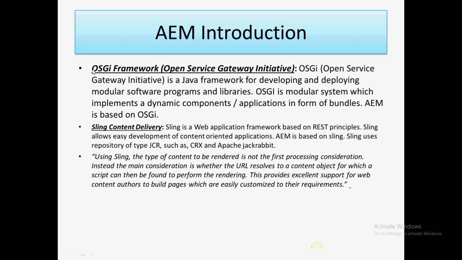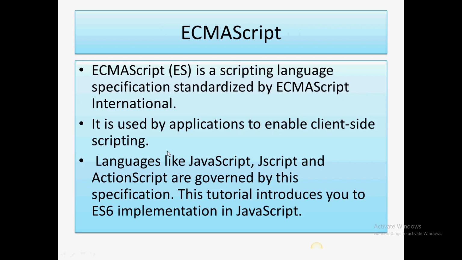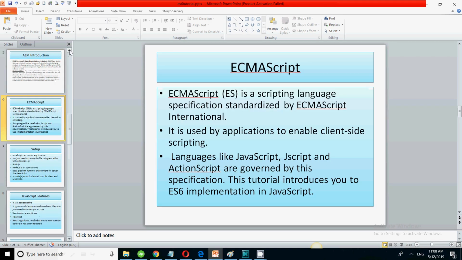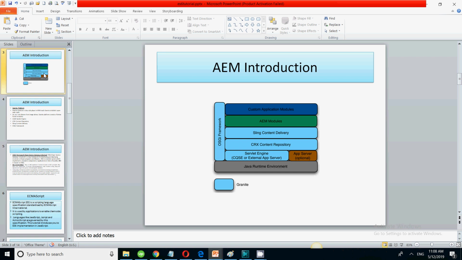The OSGi framework provides all the bundles. These bundles are being used by the component, but Sling content is basically used to show the content using the REST API. So this is basically the introduction to AEM, the architecture of AEM, and the modules.